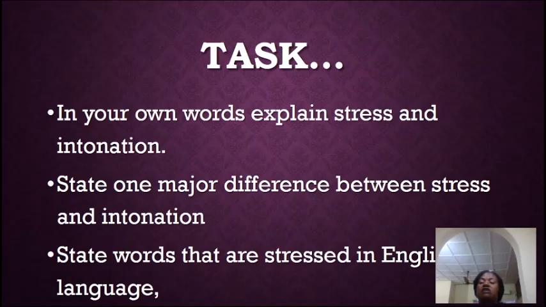For surprise, you have a different intonation. For confirmation, you have a different intonation. For questioning, we have a different intonation. So, as we have those intonations and stressed words within the sentence, the end result is more musical to our hearing. That is why we say the English language is rhythmic.